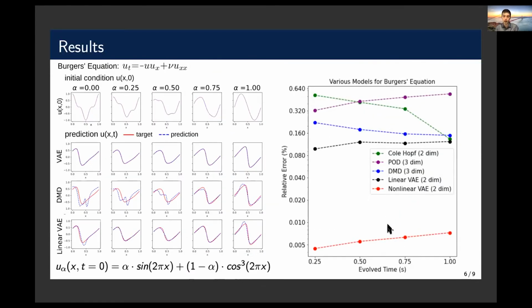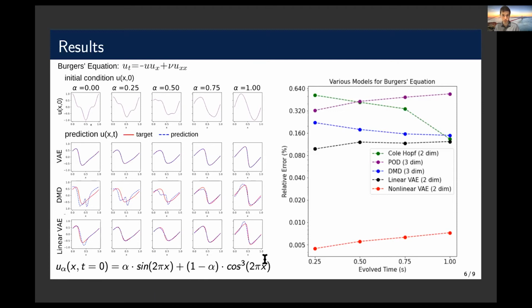So here I've shown some results of our VAE dynamical model compared to some other methods. We consider initial conditions that will be spanned by a single parameter alpha, and the formula for the initial condition is right here.